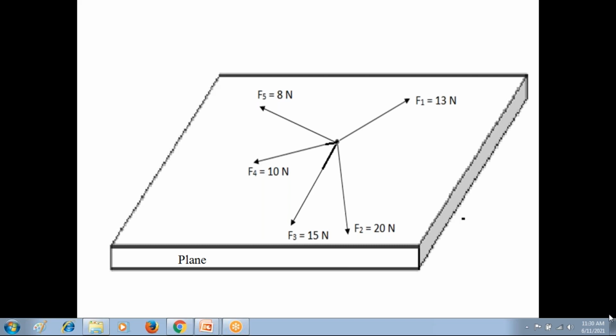Yesterday I explained this diagram. Yesterday I explained the characteristics of force. What are the characteristics of force?